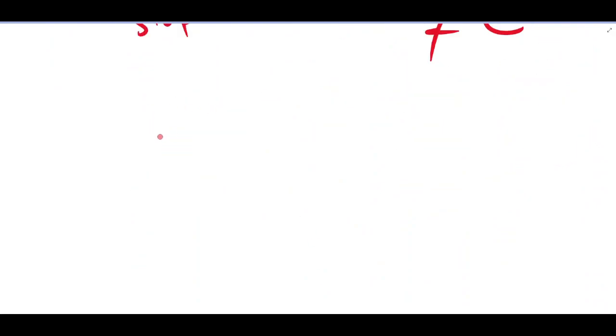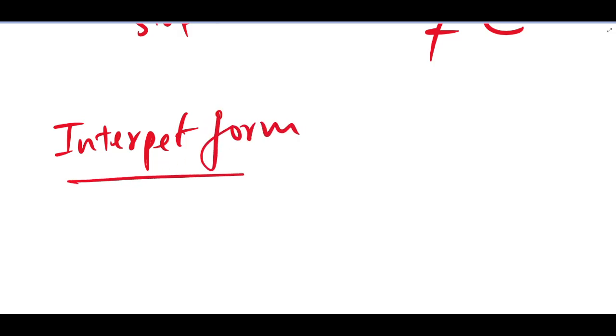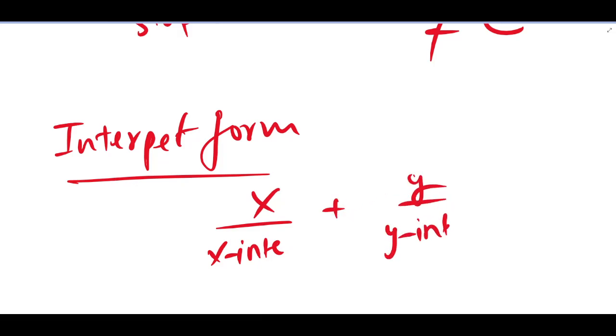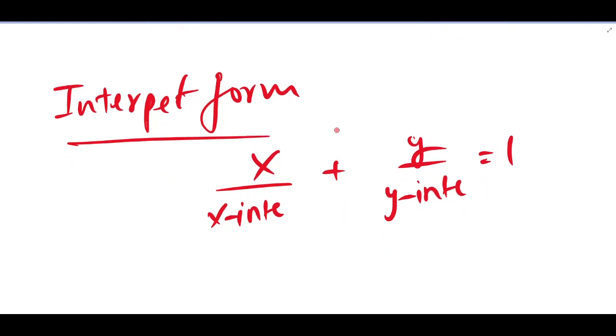So next is intercept form. Intercept form is given by x by x-intercept plus y by y-intercept is equal to 1.